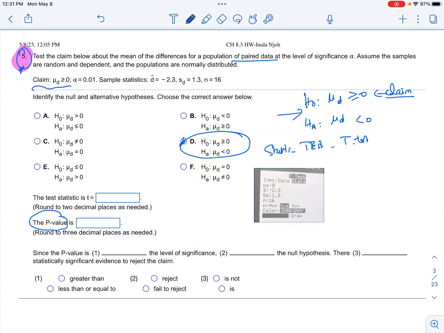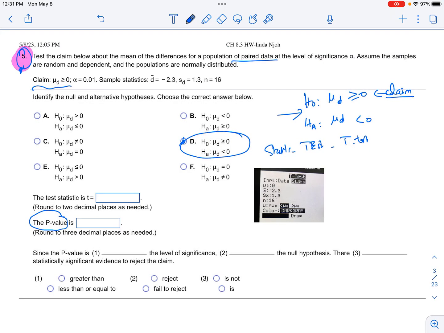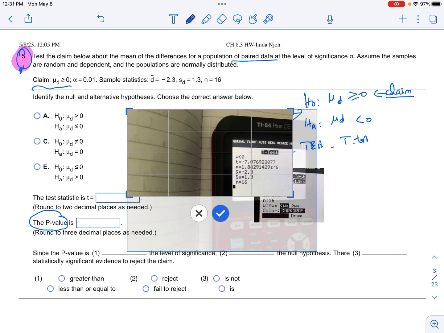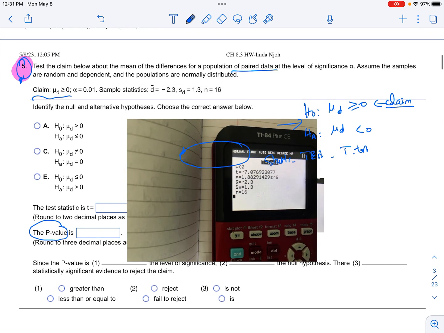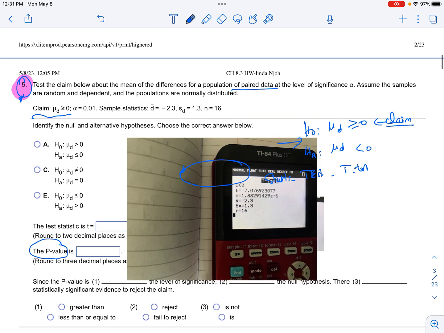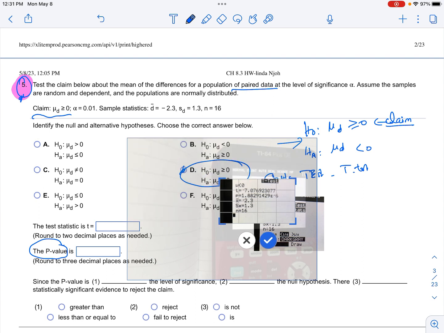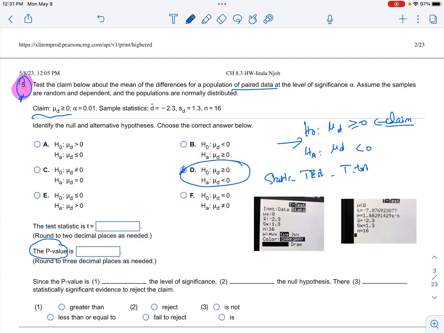I'm going to make sure to send you my notes. Make sure you calculate after that. And there goes your p-value. Now, notice that your p-value is in scientific notation. I needed people to realize that. It's 1.88 times 10 to the negative 6.